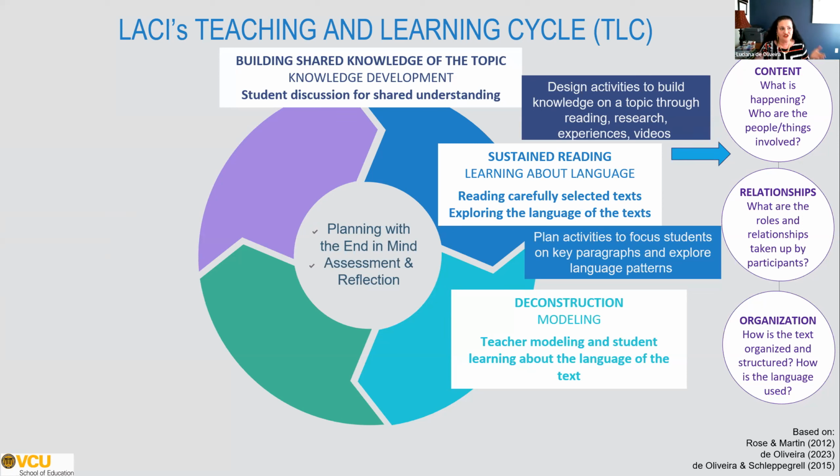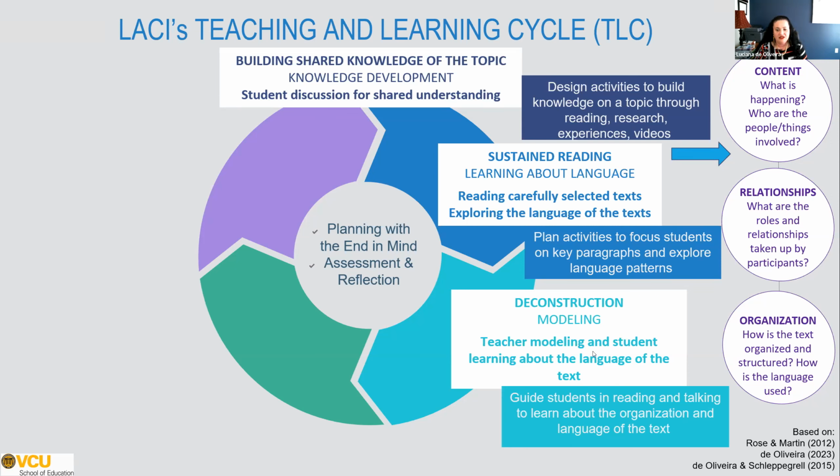This deconstruction really should be focusing on the specific genre that you want your students to write in. Okay, so there's teacher modeling and student learning about the language of the text. So you guide students in reading and talking to learn about the organization and language of the text.